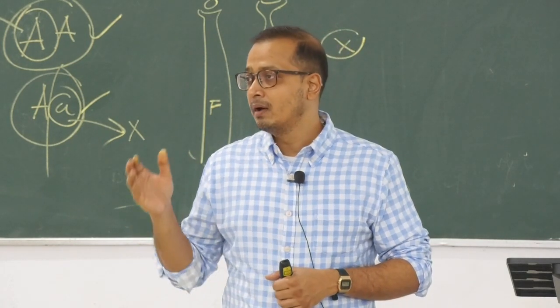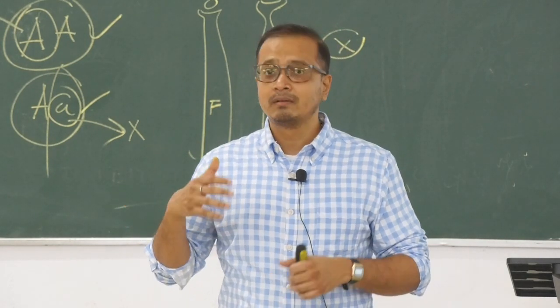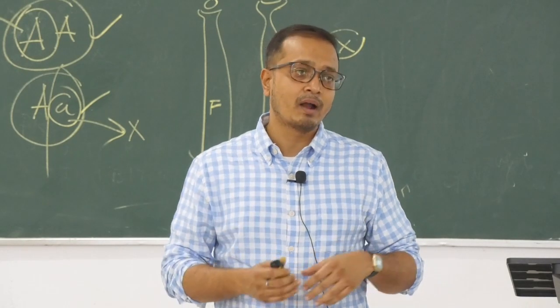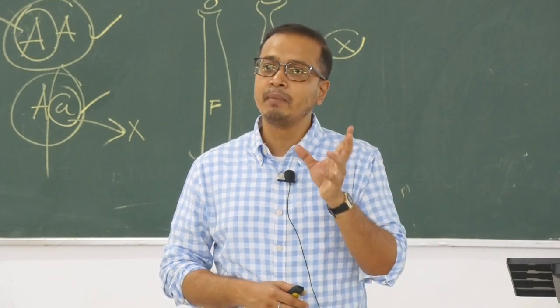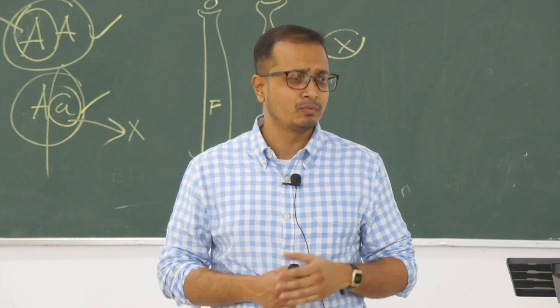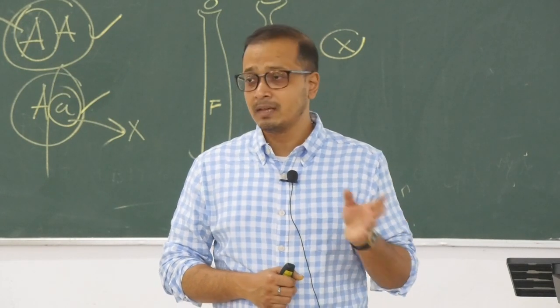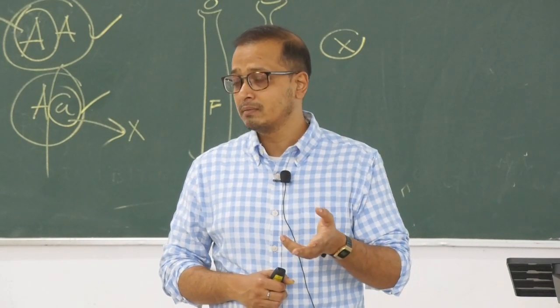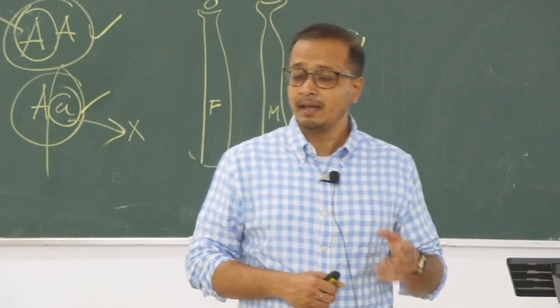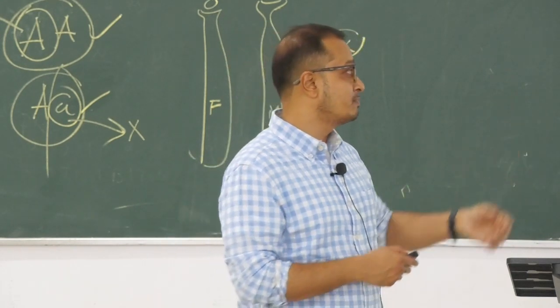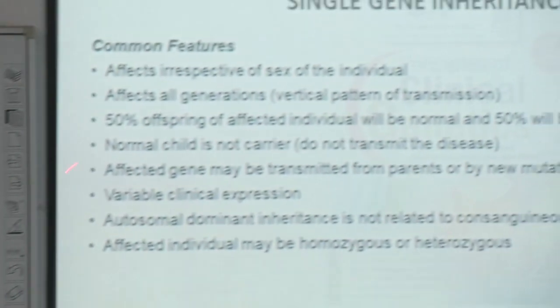That depends on the mother. If the mother or the father or both have this gene and transmit the diseased gene to the next generation in a double dose, that means in a homozygous state, then a more severe variety of the disease occurs.